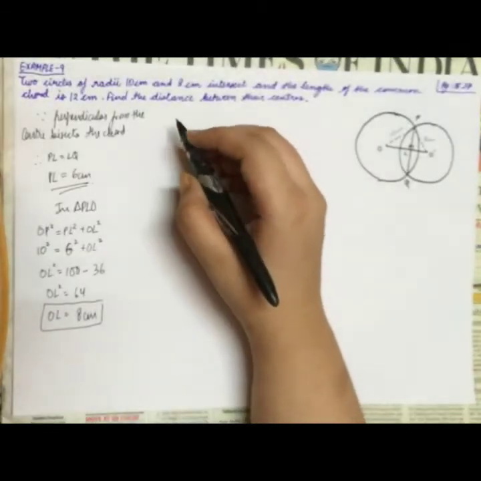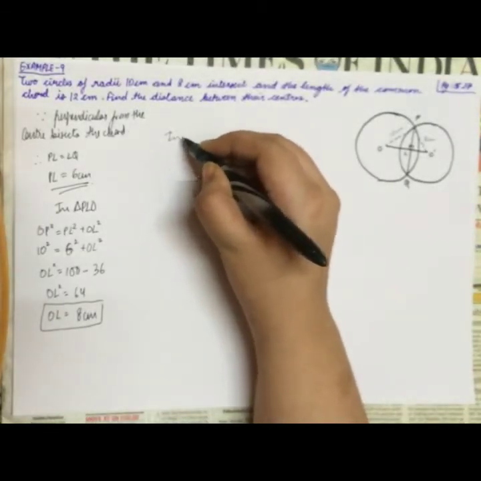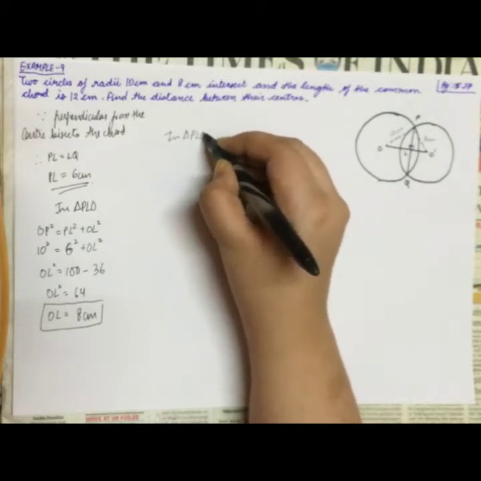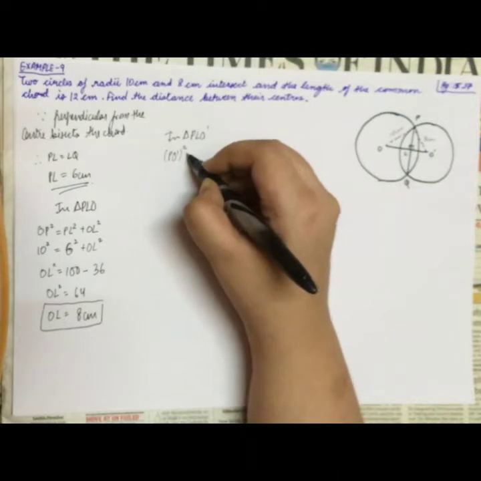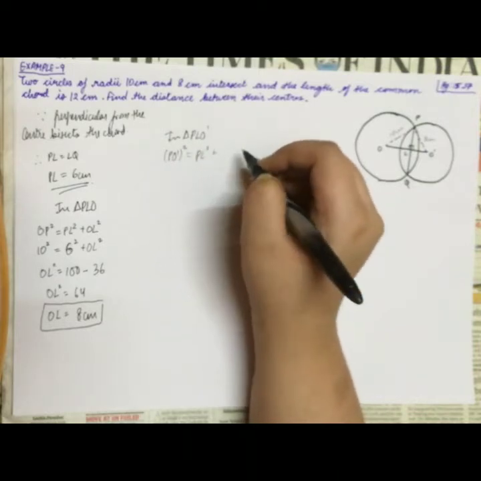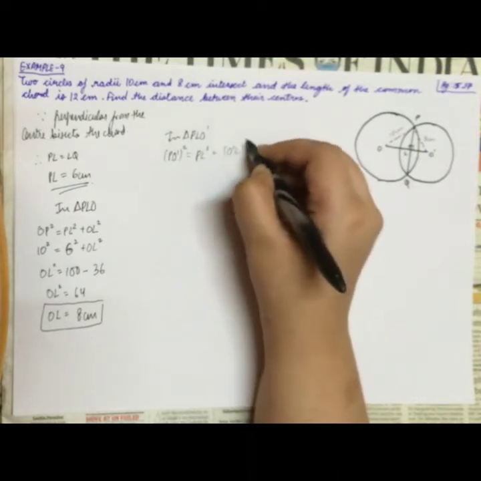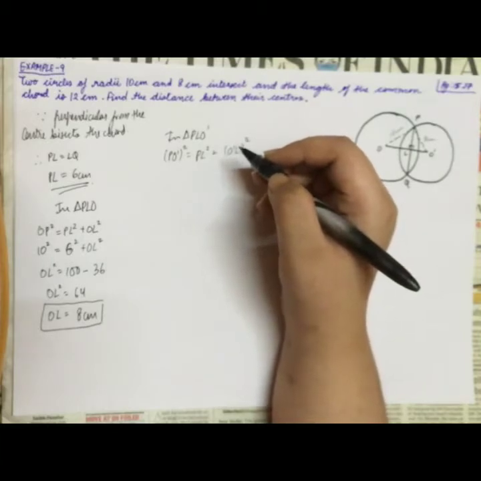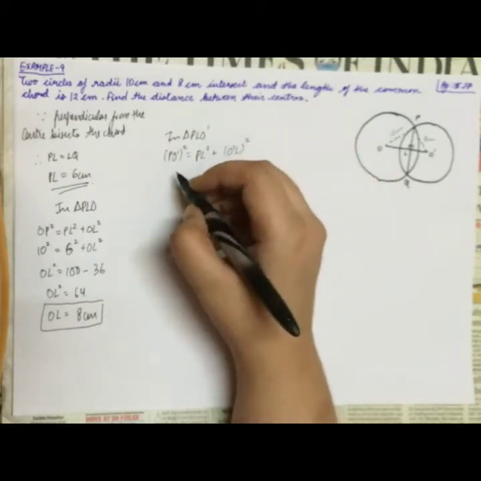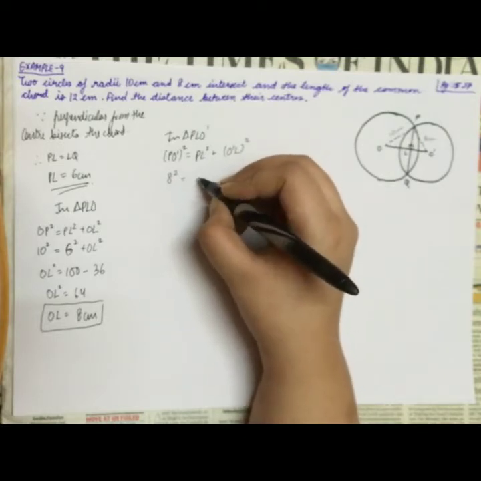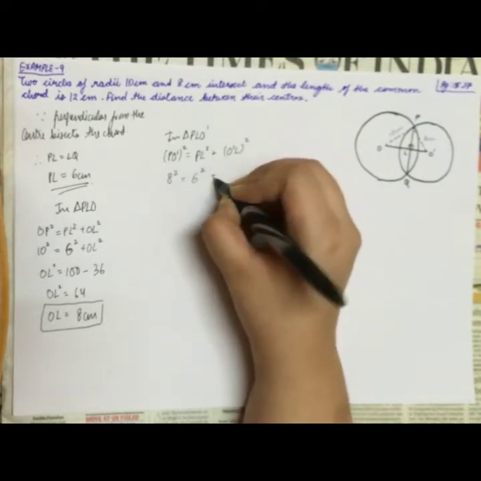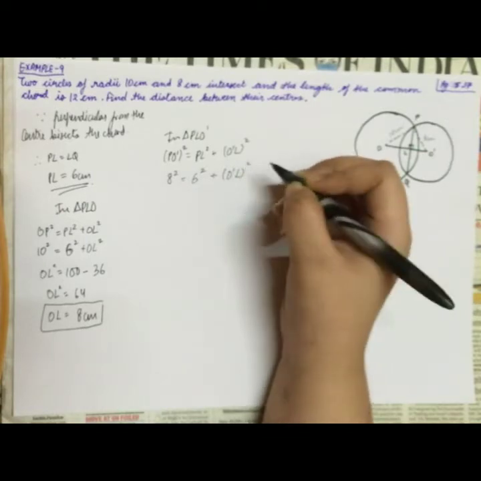Now similarly in right triangle PLO', PO' square is equal to PL square plus O'L square because of the hypotenuse rule. Now we'll put the values. 8 square is equal to PL square, 6 square, plus O'L square.